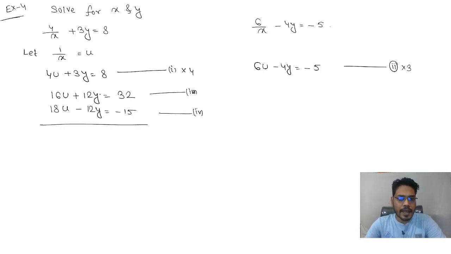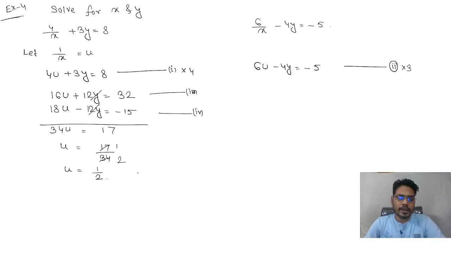Now do one thing, if you add, the y terms cancel out. 34u is equal to 17. So u will be 17 by 34, that will be 1 by 2. u is equal to 1 by 2.